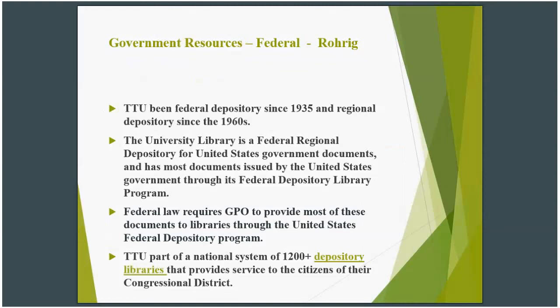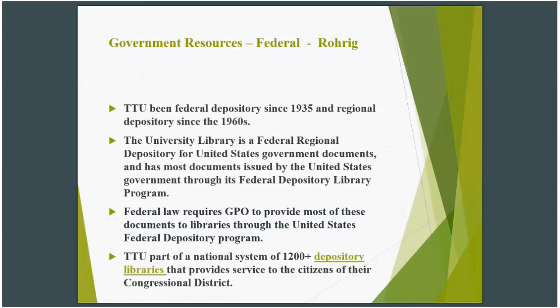As far as talking about government information now, with these other databases, they have included a lot of government resources and also some private. Basically, as a depository, TTU has been a federal depository since 1935.